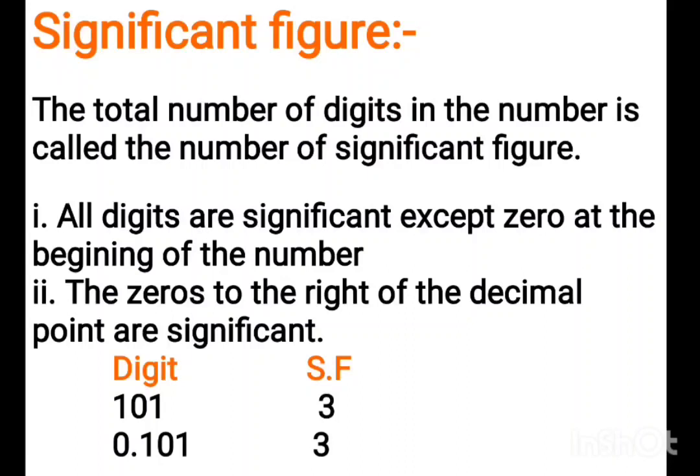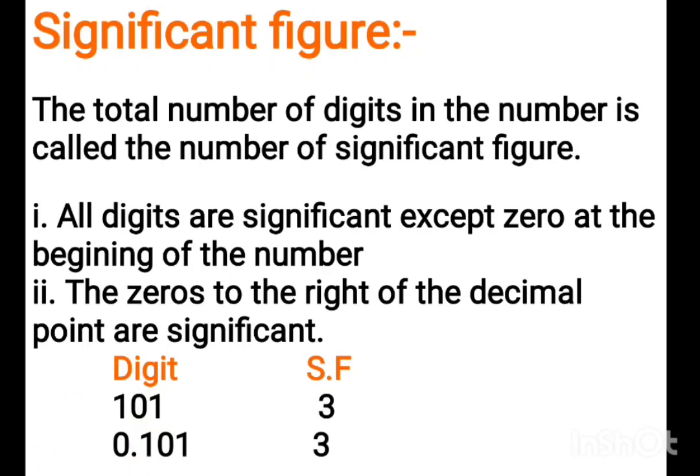Not left. As for example, the digits 101, the number of significant figures is 3, because 1, 0 and 1, the three digits are all significant. Now 0.101, always remember, you can write 0.101 as .101. So the 0 has no significance.